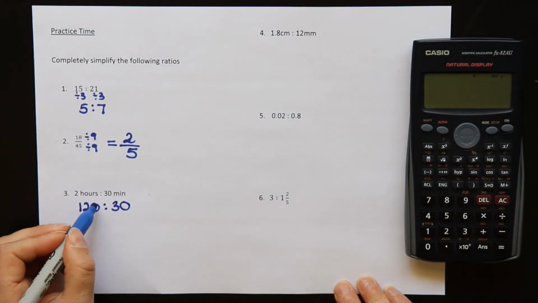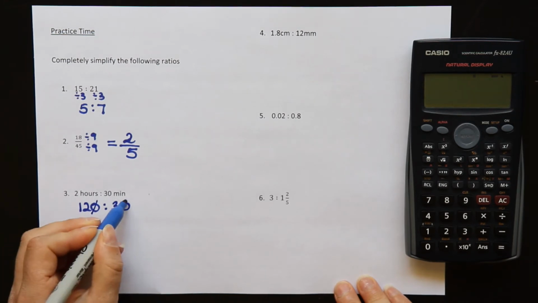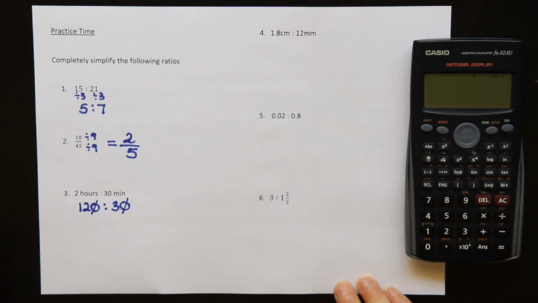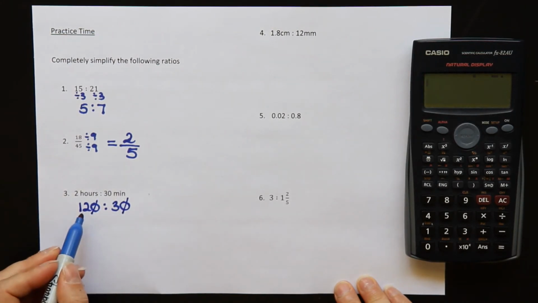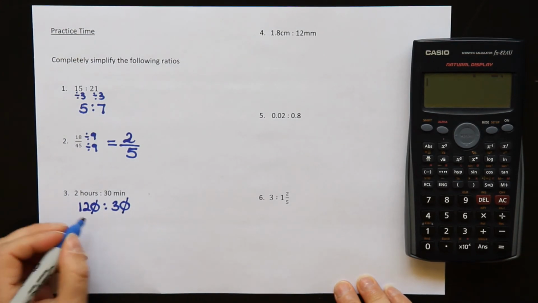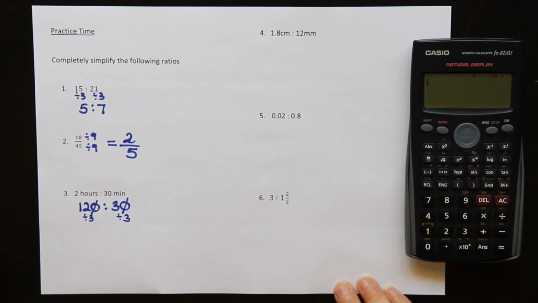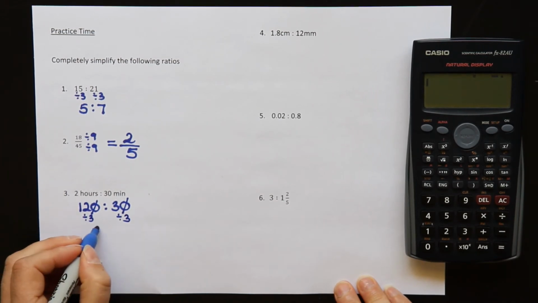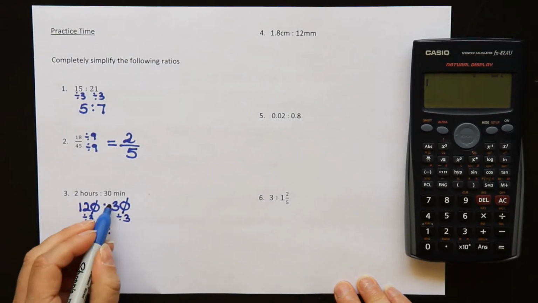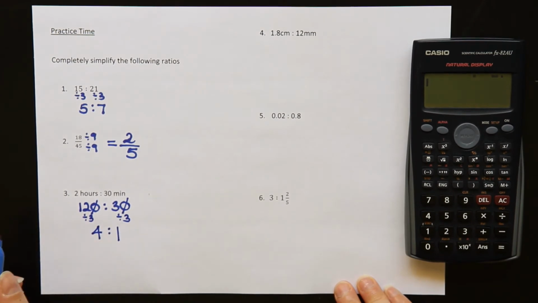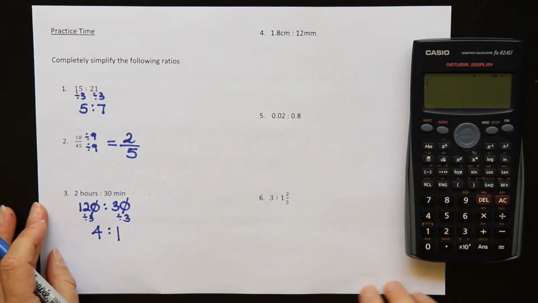Well, because we have zeros on both sides, we can divide by 10 straight away, which will get rid of those zeros. 12 and 3 can be divided by 3. Okay, 12 divided by 3 is 4, and 3 divided by 3 is 1. So 4 to 1 is your best answer there.